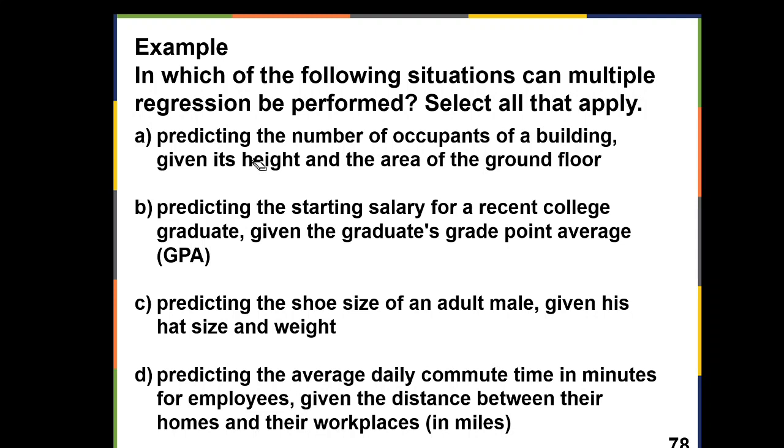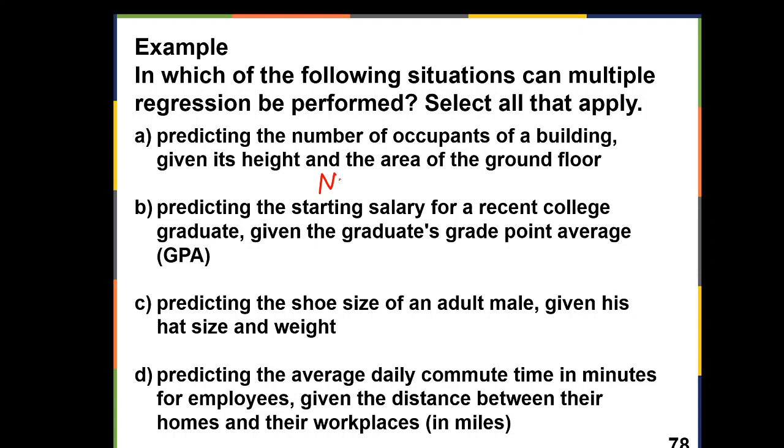So here is an example. In which of the following situations can multiple regression be performed? Select all that apply. Predicting the number of occupants of a building given its height and the area of the ground floor.